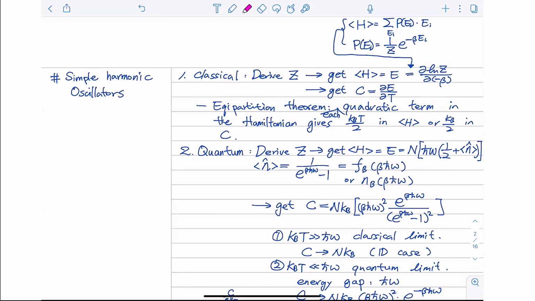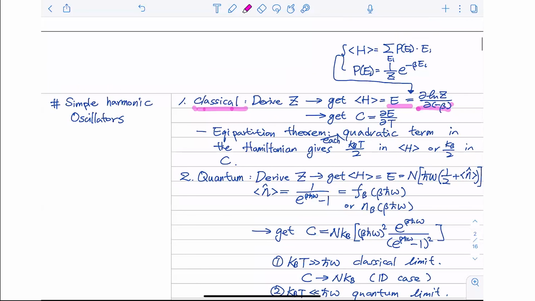The first one that we encounter is the simple harmonic oscillators. For simple harmonic oscillators, we first consider the classical one, where we can derive the partition function and get the expectation value of the Hamiltonian, or the internal energy E, by taking this derivative of the partition function.